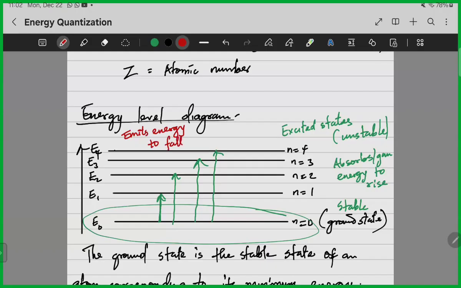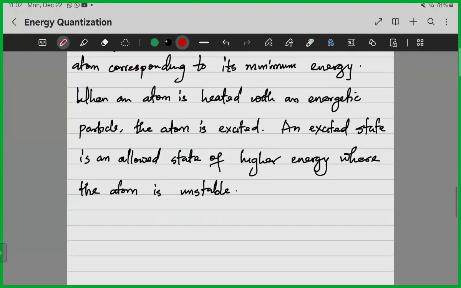If it is somewhere here and wants to fall to this place, or this place, it emits energy to fall. Very important. If it is not in the ground state, it is excited and in an unstable state.